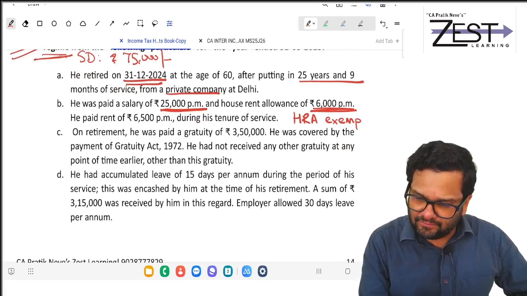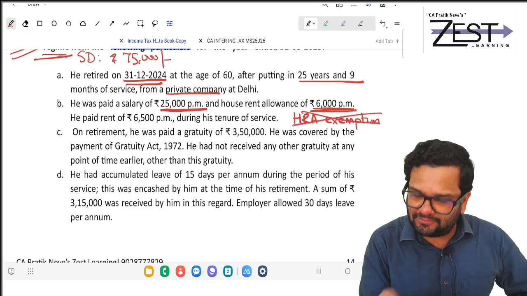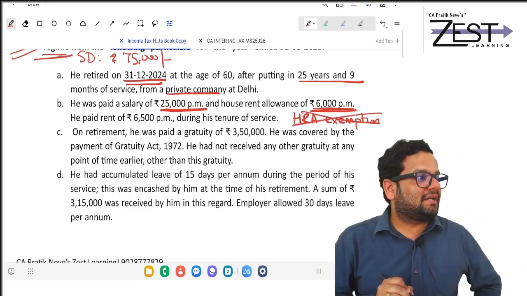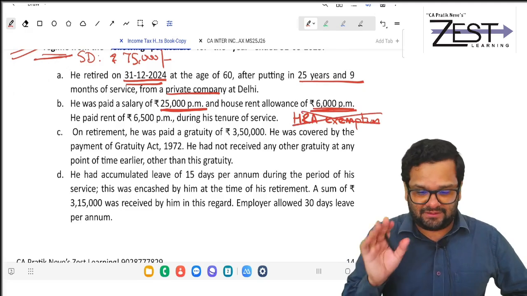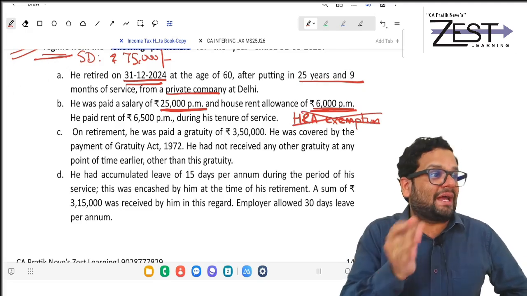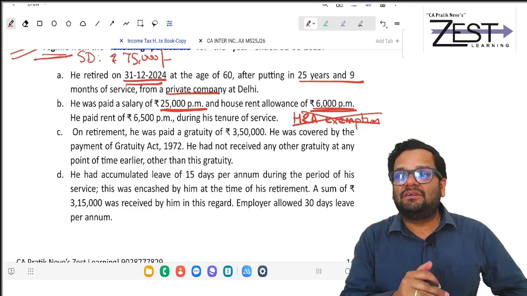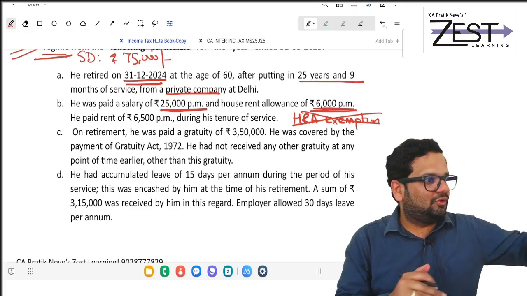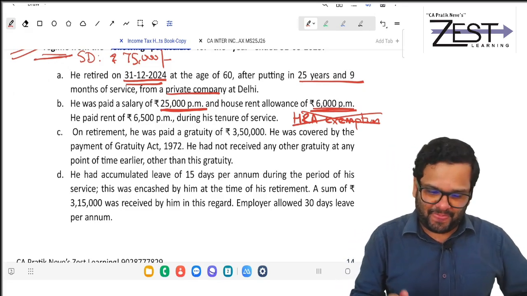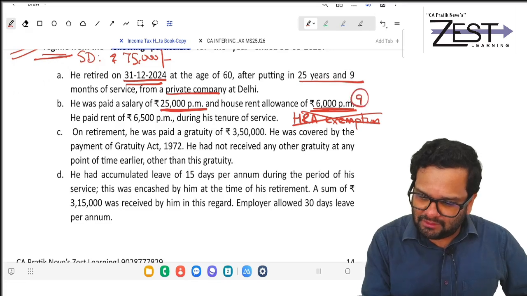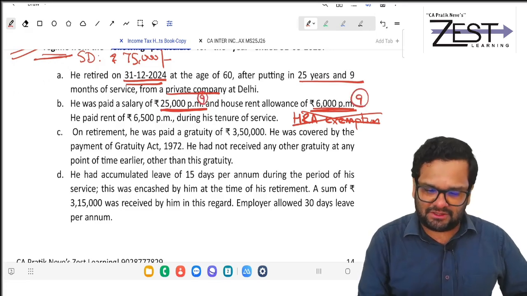HRA exemption you will not take because you are paying tax under 115BAC. But HRA you will have to tax. HRA received in the first column, less exempt 0, fully taxable. This also would have been received for 9 months.